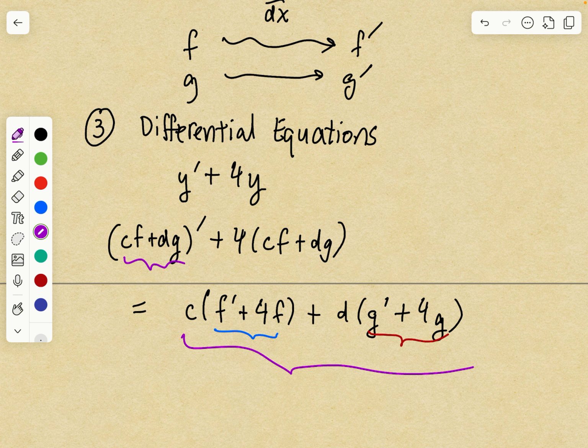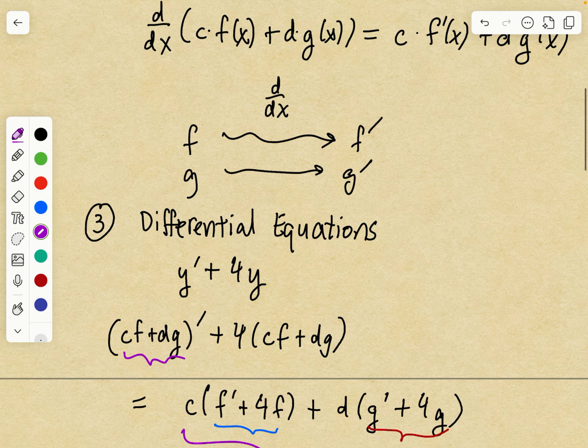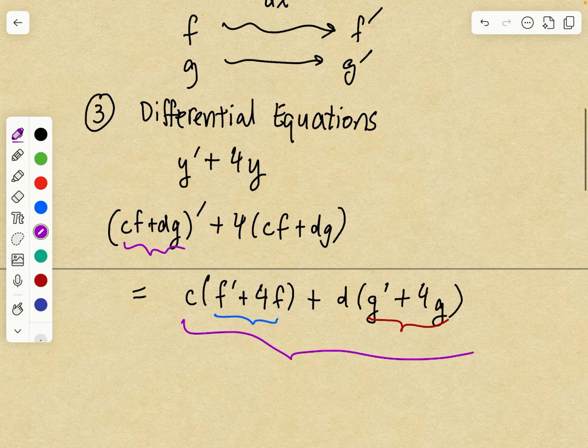So this is related to example 2, and I get this linearity property.